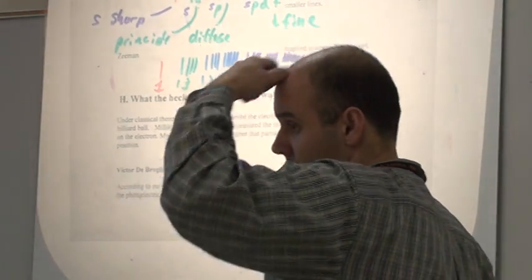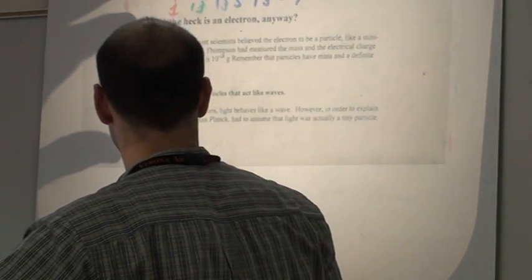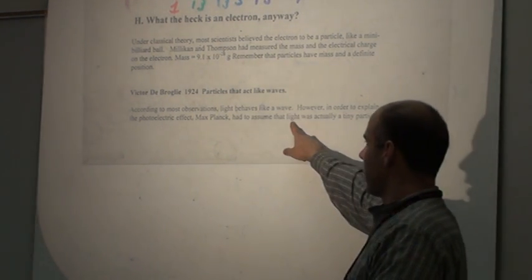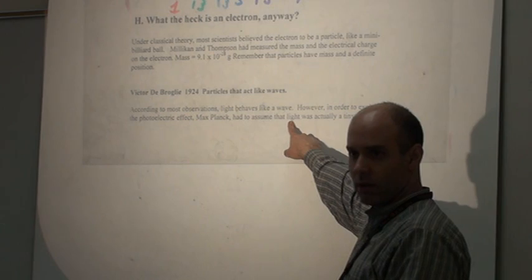But a French scientist by the name of Louis de Broglie was reading what Max Planck was doing and said, well, Planck said a wave, like light, could be like a particle. So light, instead of being a wave, was like little BBs flying through the air, hitting you in the eye.